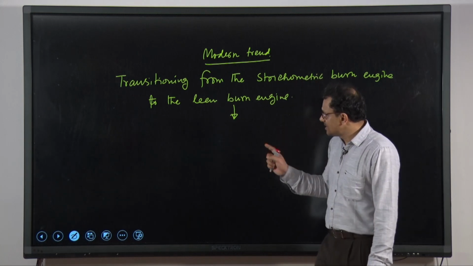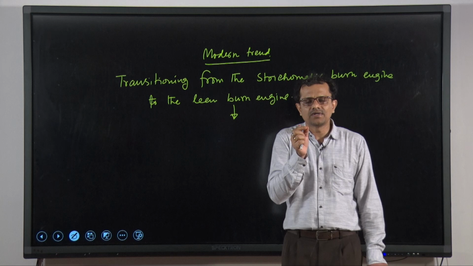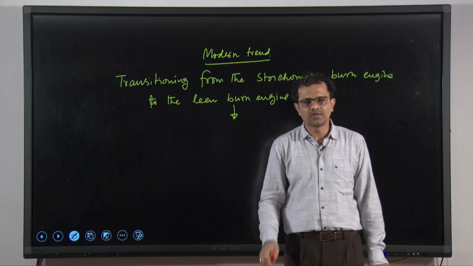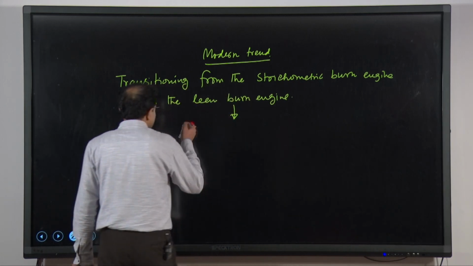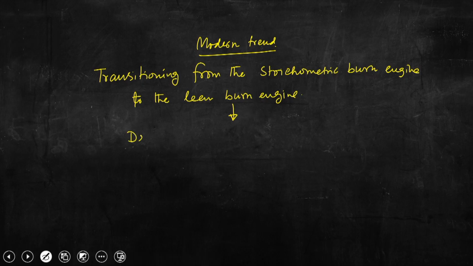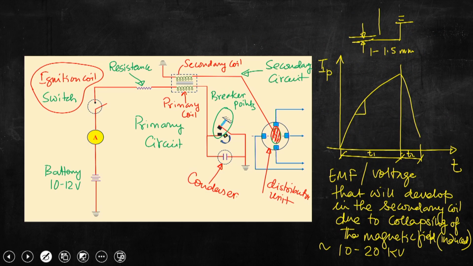So, if we need to shift from the stoichiometric burn engine to the lean burn engine, which needs less fuel to produce the same amount of work output, then this transitioning demands a large or wide spark gap. If the gap is that wide, you can understand the mixture is a lean mixture.